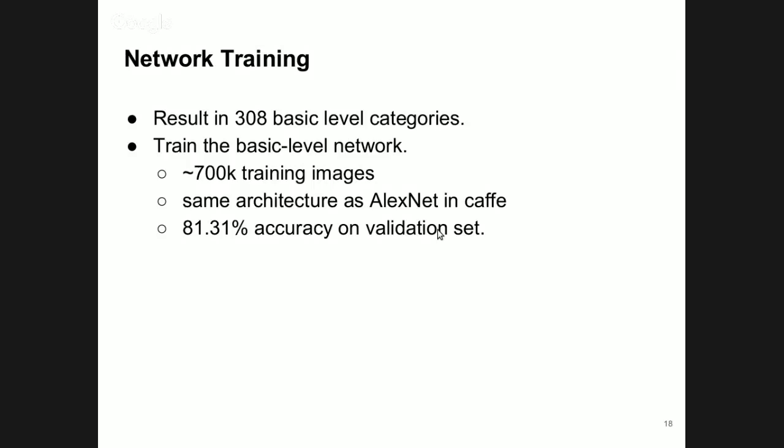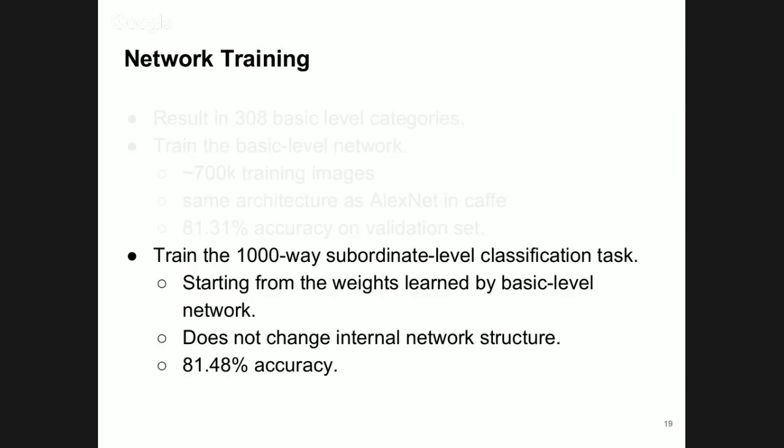Then, based on the weights of the basic level network, I use them as is and train a 1,000 way classification. You can think of it as a fine-tune job, but it's not that fine-tuned, because fine-tune usually means you train a very big network using a lot of categories, and you fine-tune on some small dataset with far fewer categories. But in this way, I start from 308 categories and do the so-called fine-tune in the 1,000 way classification job.